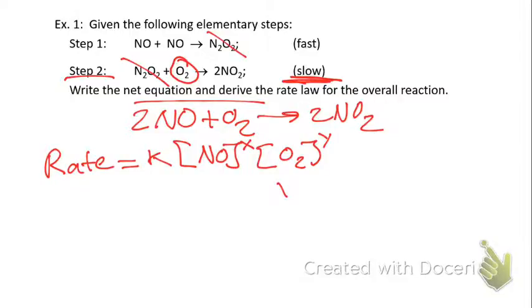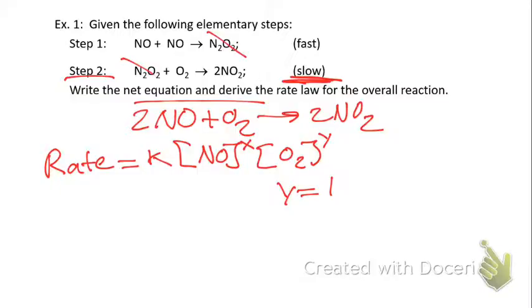So Y is going to be 1. Let's pretend for a moment that there were 2 O2s. If there were 2 O2s in that rate determining step, then Y would actually be 2.